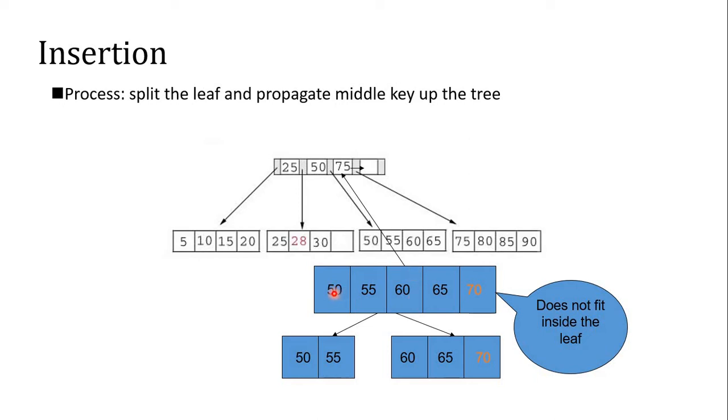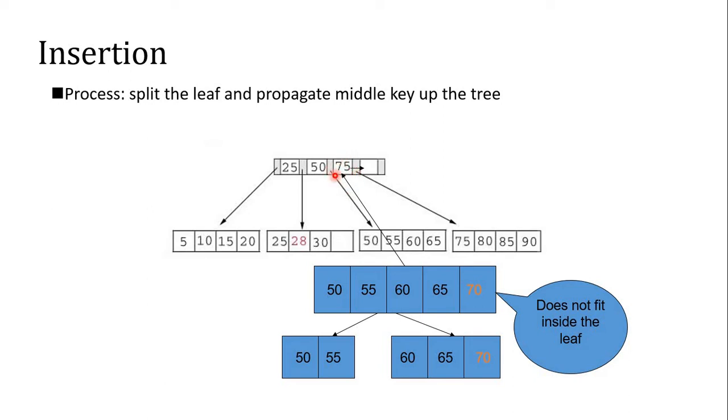The values 50, 55, 60, 65 and 75 are already here. So what will be the median value? 60. So 60 will be split up and promoted, as per the B tree rule. 60 will be promoted here, but 75 is already in the third place, and 60 is less than 75, so 75 will be right shifted. There is a small arrow showing here.